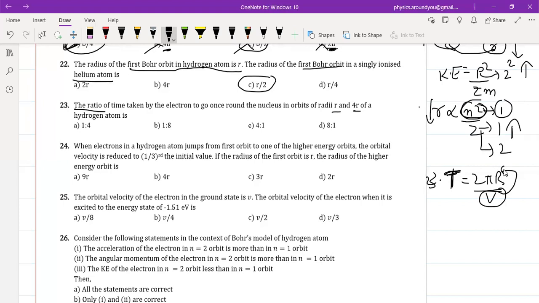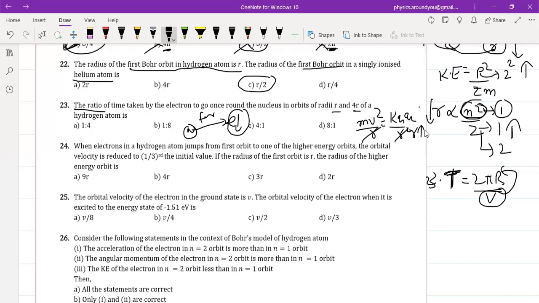Before that, let's try some elimination. We know that as the electron goes far from the nucleus, its speed decreases. You can get this even from a simple application of mv square by r is equal to k q1 q2 by r square as well.